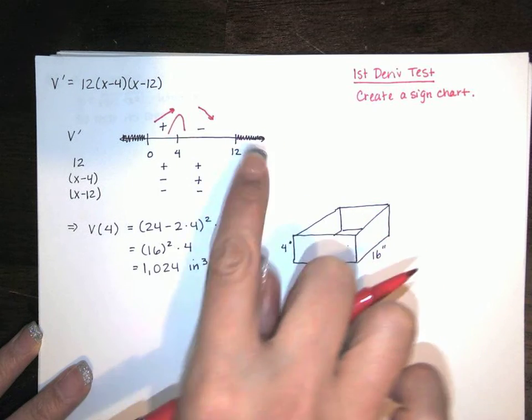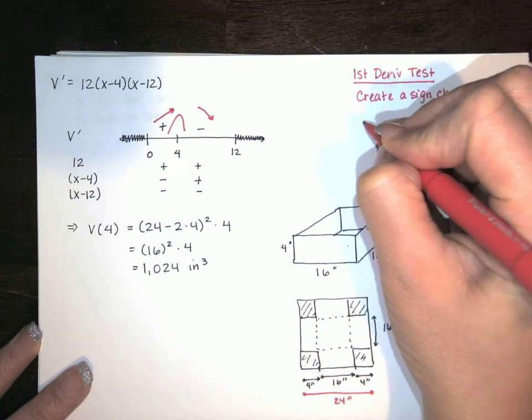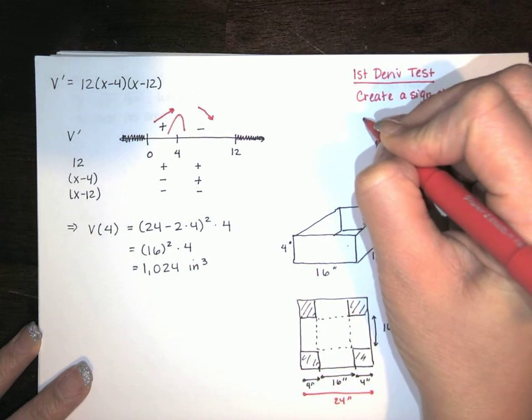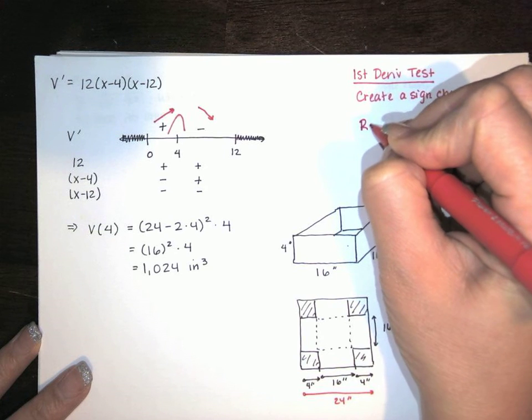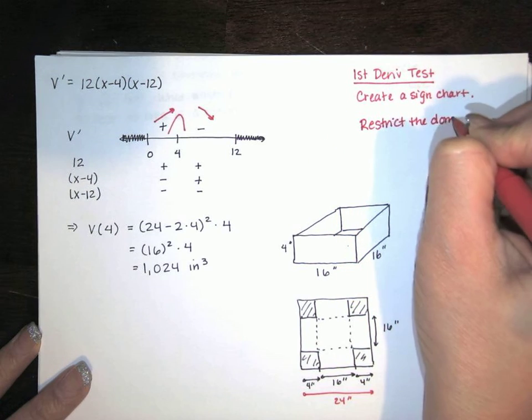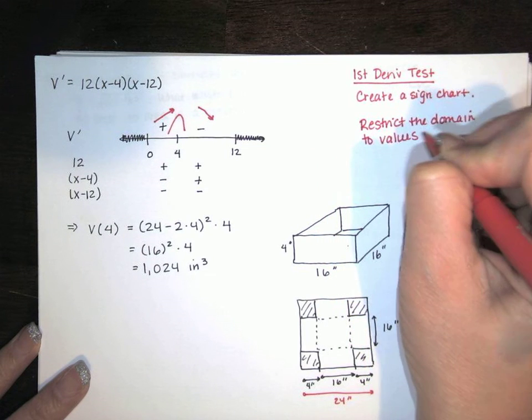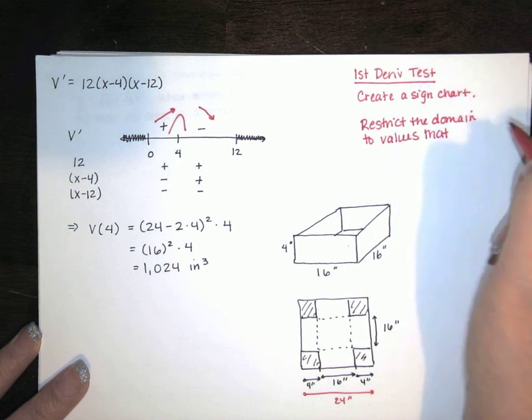Okay, so we created a sign chart, and then I guess we need to restrict the domain to values that make sense for our application.